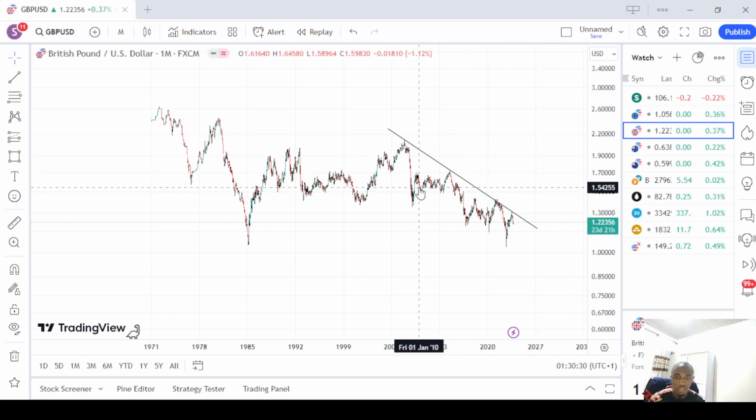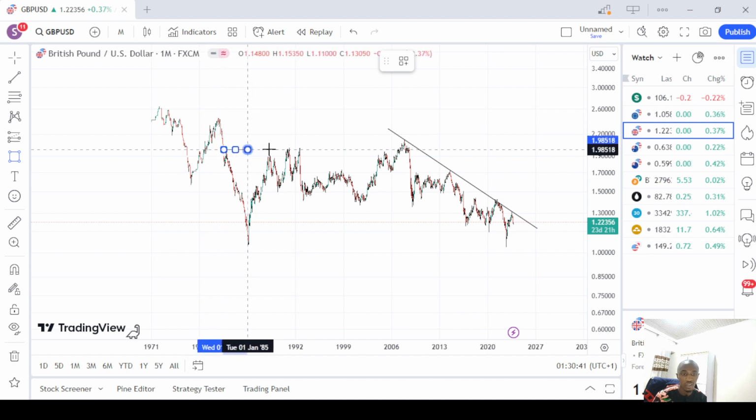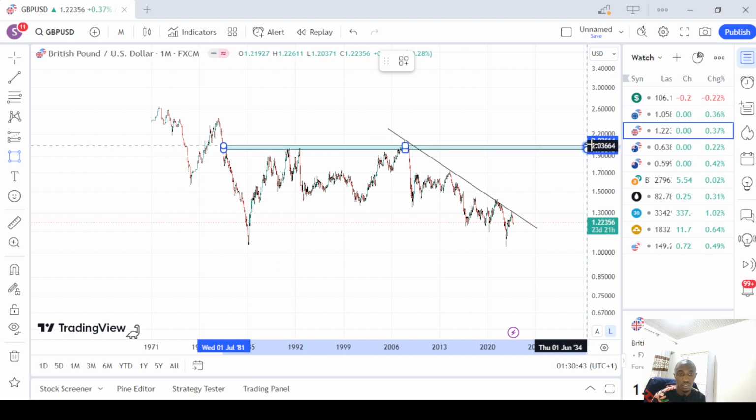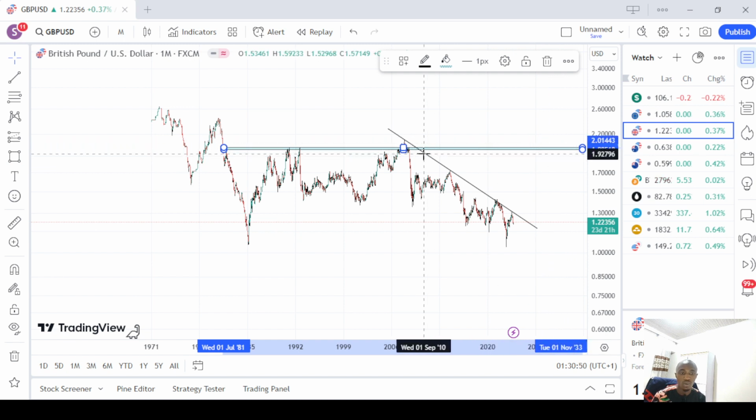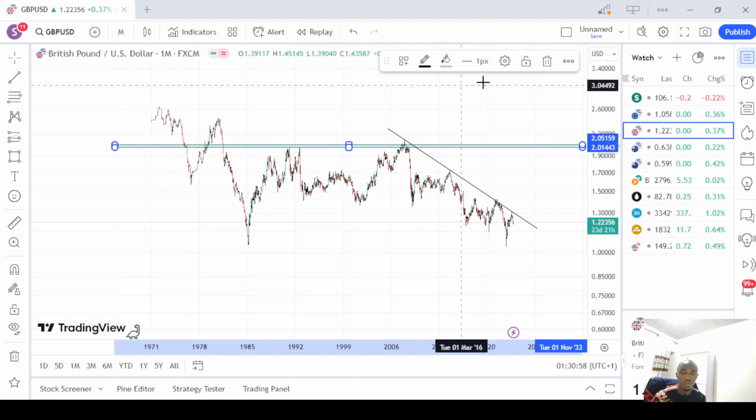It has been bearish. This will be my first zone.